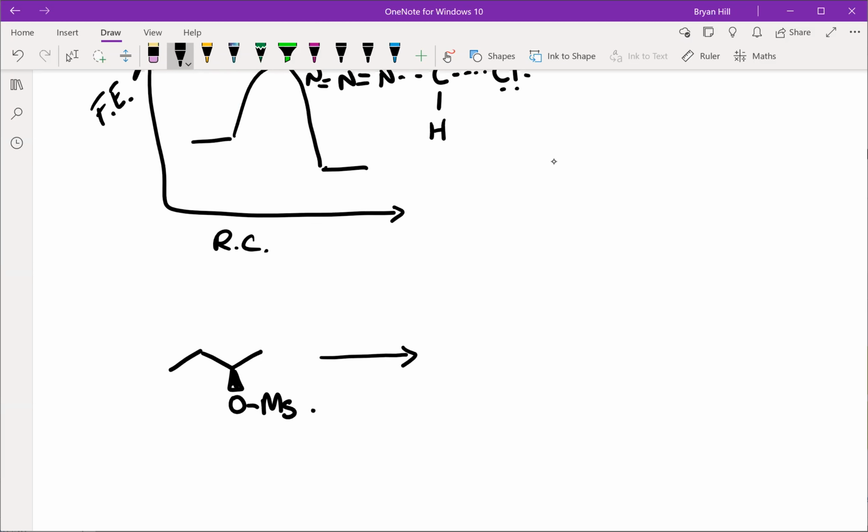If we had a nucleophile like the cyanide nucleophile, and it comes in from the opposite side, this is going to leave. Our product will be inverted because the nucleophile has to attack from the opposite side.